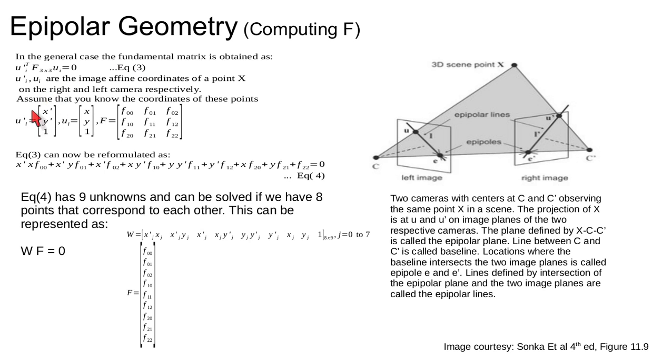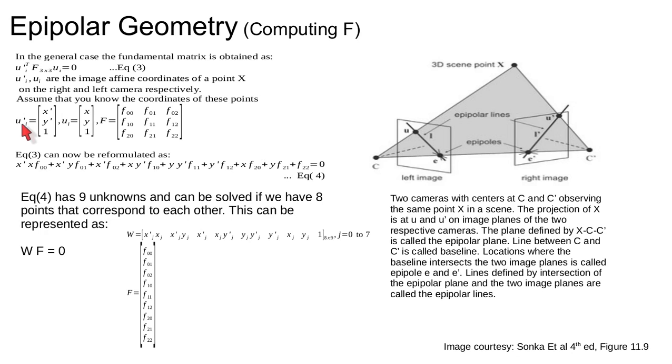So ui dash is x dash, y dash, where x dash is the column value in the right image and y dash is the corresponding row value in the right image. And ui is equal to x, y, which is the coordinate of the point that matches with ui dash. And f is this 3 by 3 matrix.